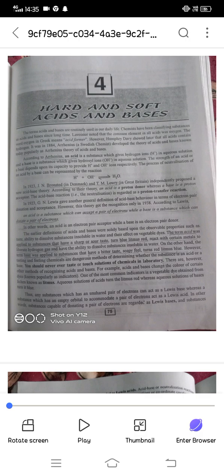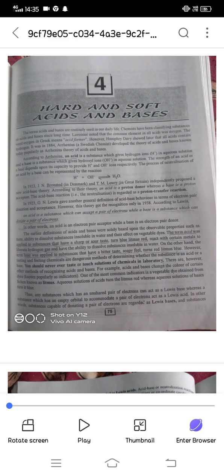The earlier definitions of acids and bases were solely based upon observable properties such as taste, ability to dissolve substances insoluble in water, and their effect on vegetable dyes. The term acid was applied to substances that have a sharp or sour taste, turn blue litmus red, react with certain metals to liberate hydrogen gas, and have the ability to dissolve substances insoluble in water.